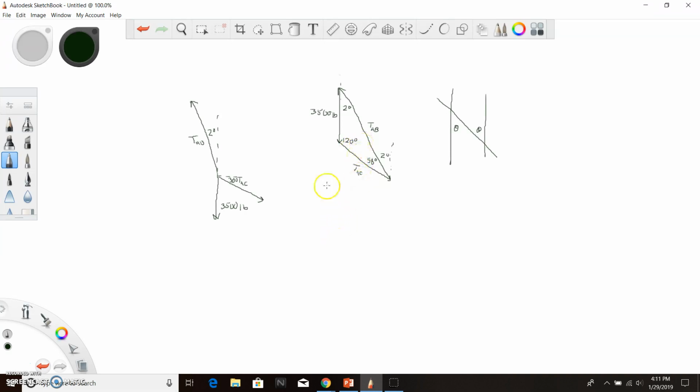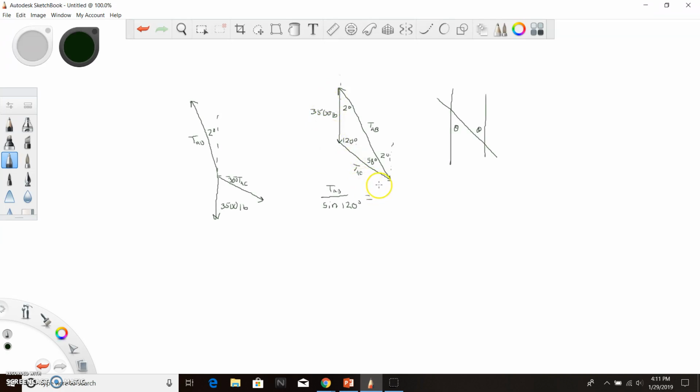Okay, so the law of sines, what we want to do is let's do TAB. So I'm going to take TAB over the sine of its opposite angle. Okay, so that means the opposite angle from this side is 120. Okay, TAB touches this angle and this angle, so I know it can't be opposite. So that means the sine of 120 degrees is equal to, okay, so then I've got this 3,500 pounds.